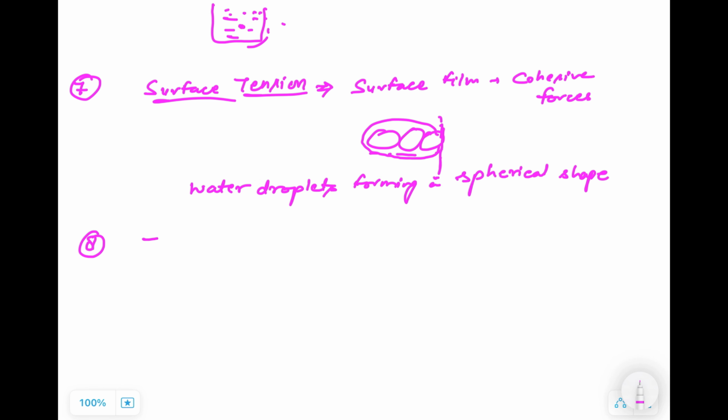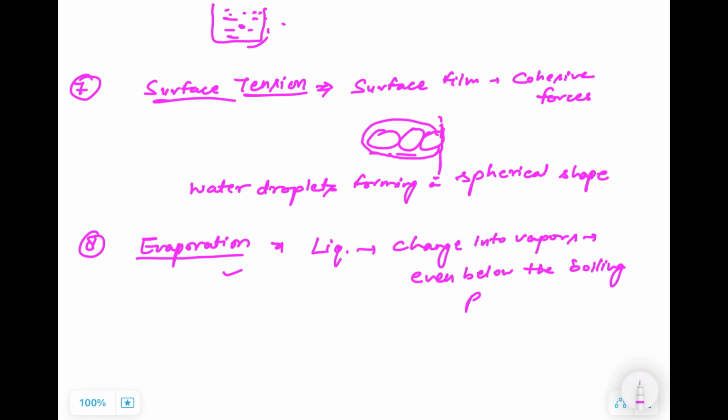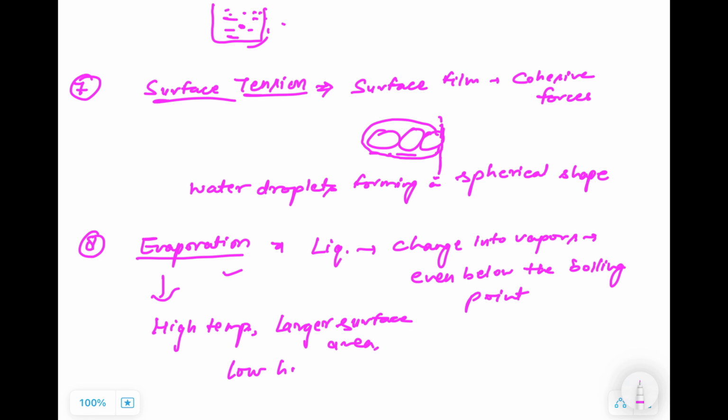And the last property of liquids is that liquids can change into vapors from the surface even below the boiling point, and this process is known as evaporation. This process of evaporation occurs faster at higher temperature, larger surface area, and low humidity.